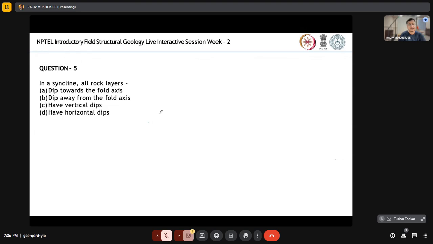So this is, I guess, a normal question for a syncline or a synform. So again, I will pause for a minute and let you guess what would be the correct answer for this. If you have a correct answer, please feel free to say, and if not, then I will obviously solve this one.